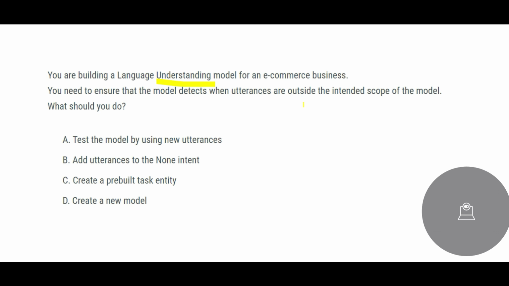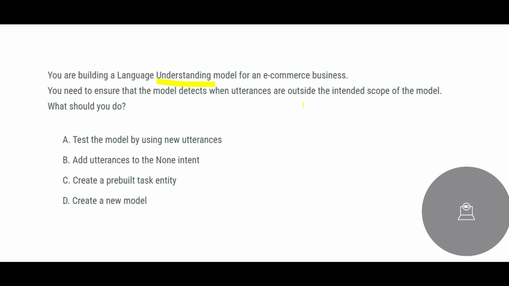Suppose you are Amazon.com and you tell it whenever people ask you about any product that we are selling or feedback of any product, you answer it. But if people are asking about what more additional products we could have added and so on, something which is outside the scope, then what should you do?